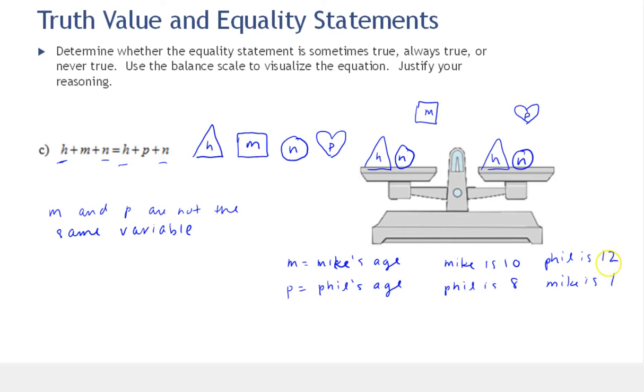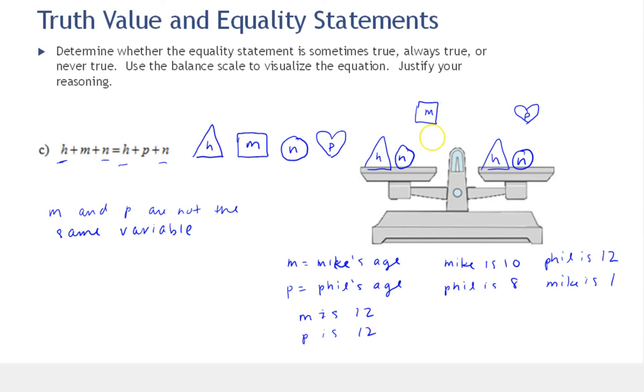Then when we put the P down here, this side would go down, this side would be heavier. But it is completely possible, since we don't know Mike's and Phil's age, that Mike and Phil could be the same age. Suppose Mike is 12, and Phil is also 12. So they could be the same even though they're representing different variables.